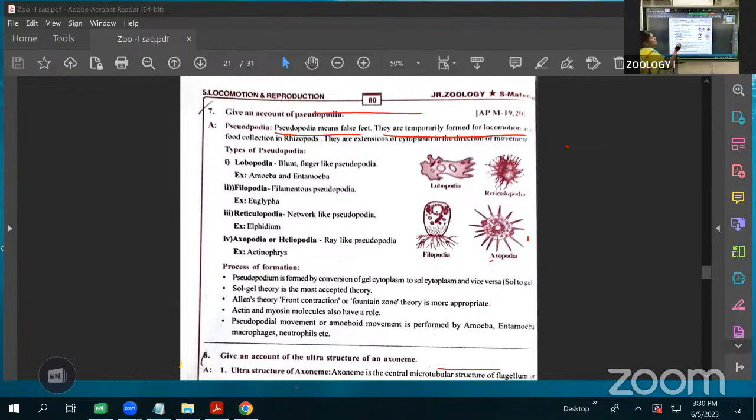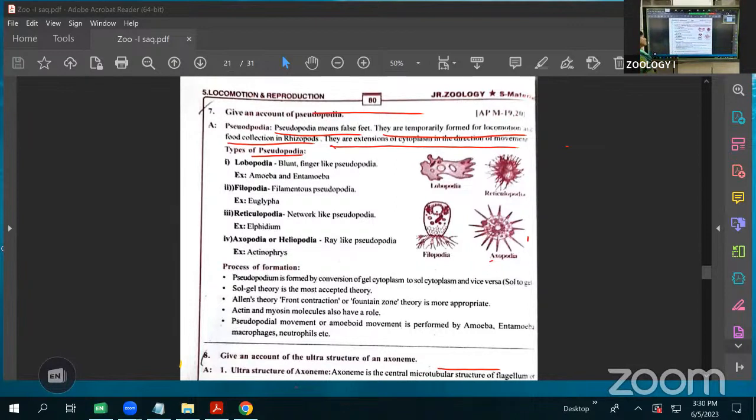They are helpful in the food collection of the rhizopods. Here they are extensions, already I said, extensions of the cytoplasmic processes. Clear? Next, mainly four types of pseudopodia are present.